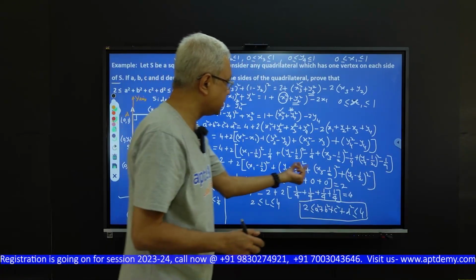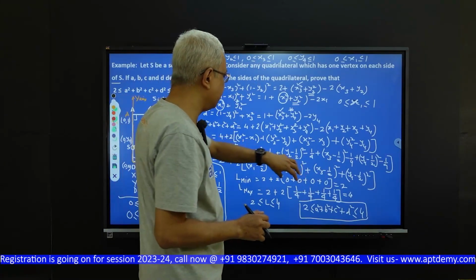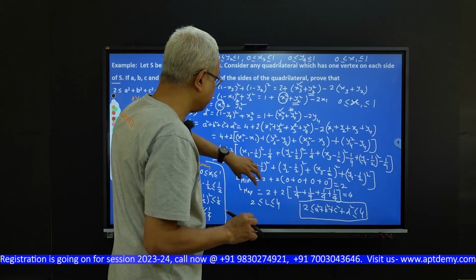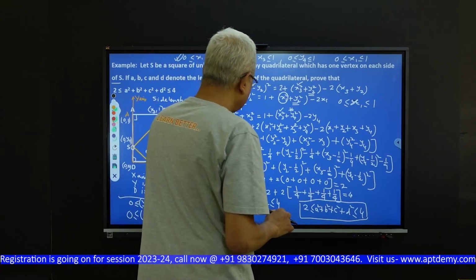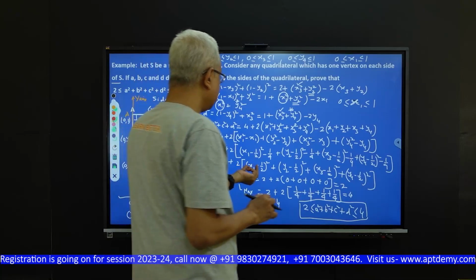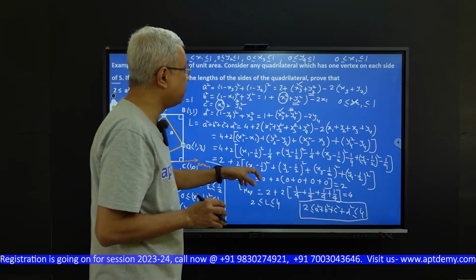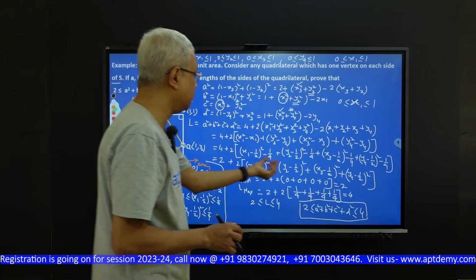And these quantities are all square terms, so they can never be negative. Their minimum value could be only 0. So the minimum value occurs when these square terms are individually 0, and their maximum values, we have already found, are 1/4 individually.